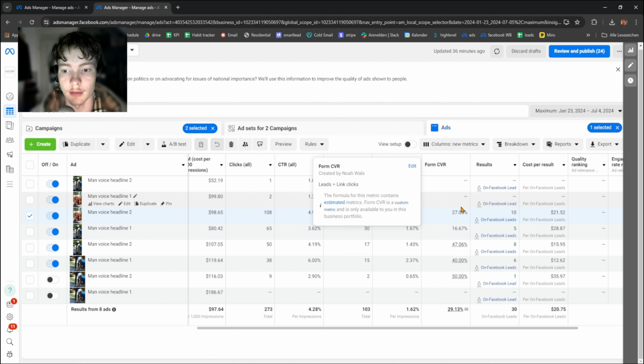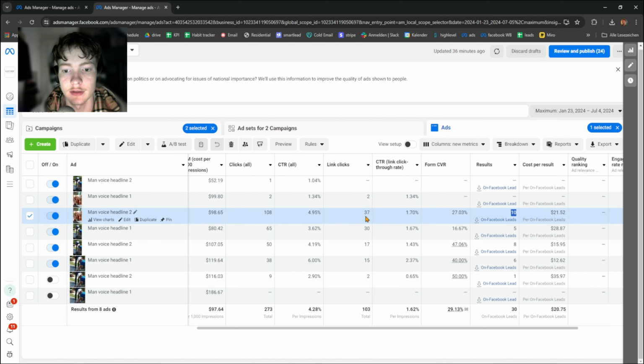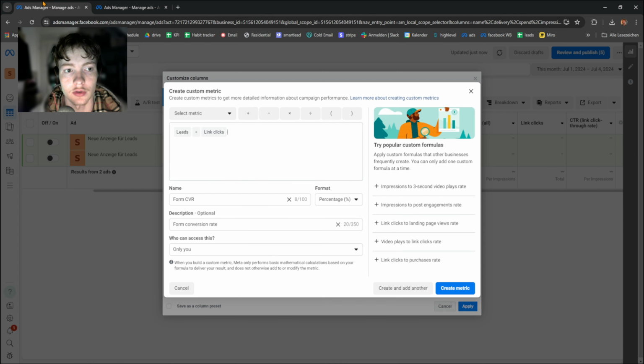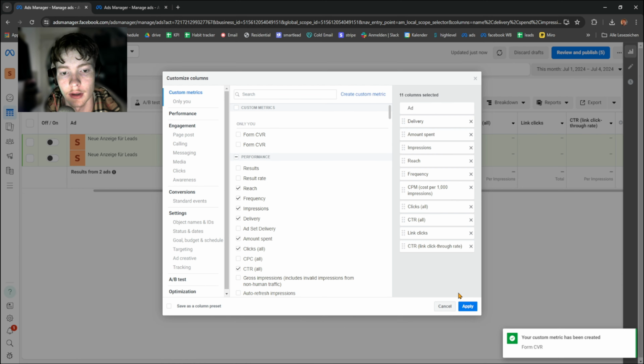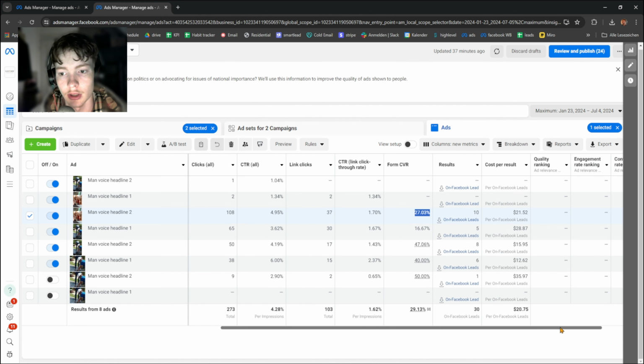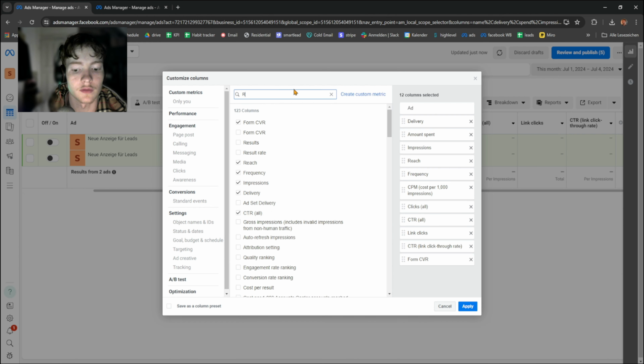So you just divide leads by link clicks, and boom, you make sure to select the percentage thing here, and then you just create the metric like this, and now you have the metric in here. You will see this up here, and now you can just check this and it will be in your metrics. Very useful.